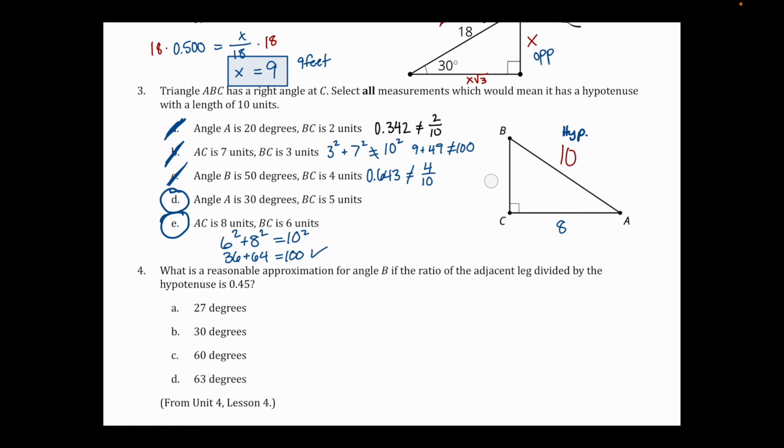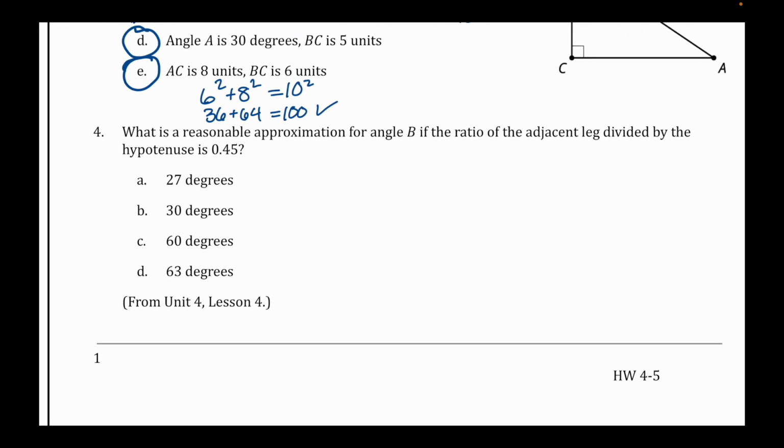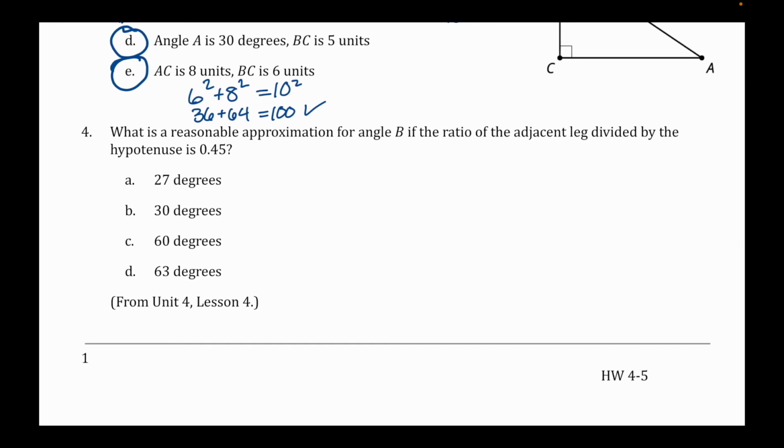And okay, so I'm going to erase just those couple little markings and let's look at question 4. Now, question 4 is something we can just use our table for. It wants to know a reasonable approximation for an angle B, and then it gives us the ratio of the adjacent leg over the hypotenuse. So adjacent leg over hypotenuse, that's the first column on our table.